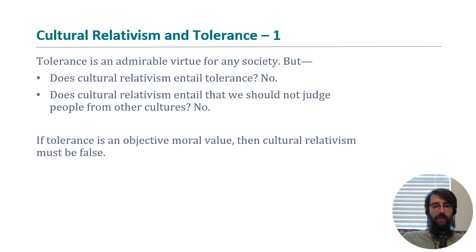Okay, so the last issue we are going to think about in this chapter is the relation between cultural relativism and tolerance. In general, it seems like a good thing to be tolerant of different ways of living and behaving.